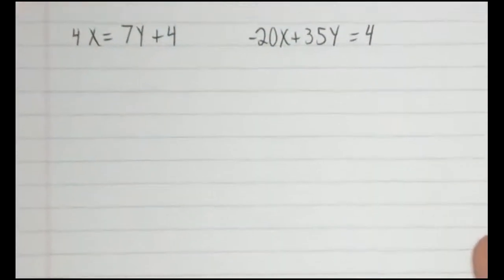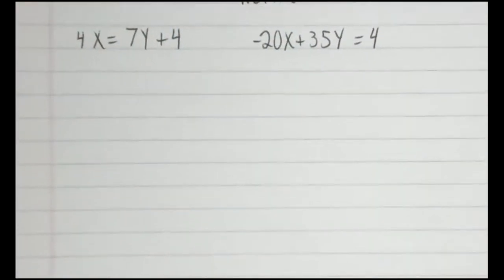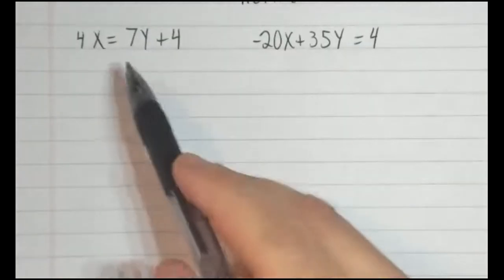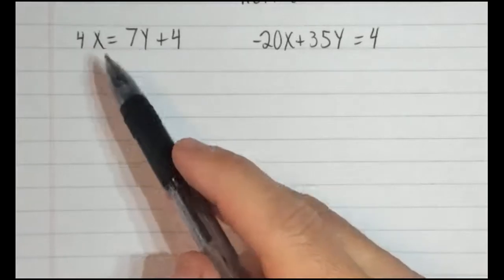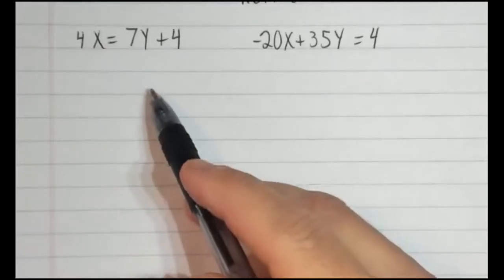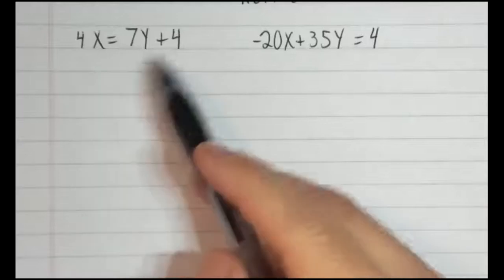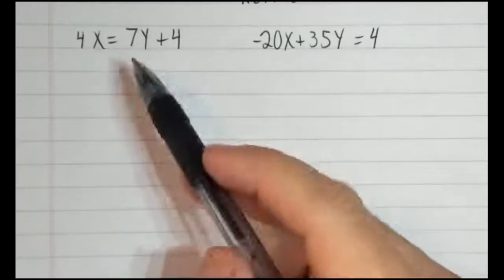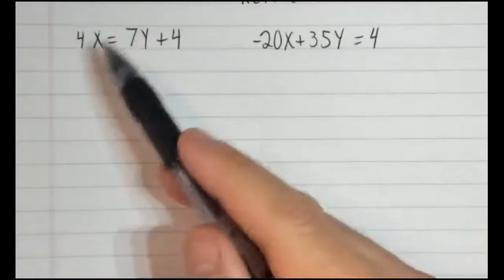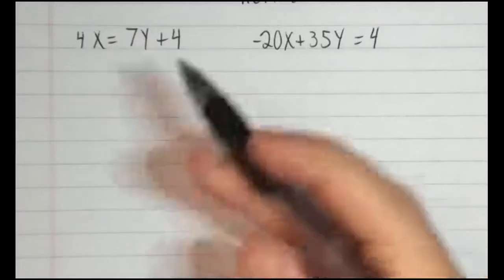We want to determine, are these parallel or perpendicular lines? When I look at this first equation, is it in standard form or slope-intercept form? It is not in either form. So I need to do something to get it in one of those two forms in order to find the slope.